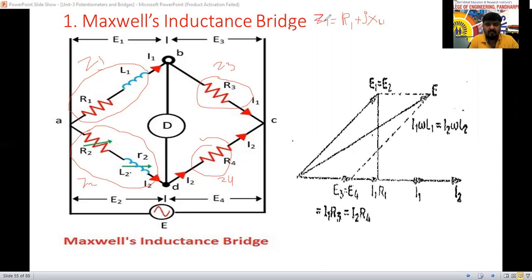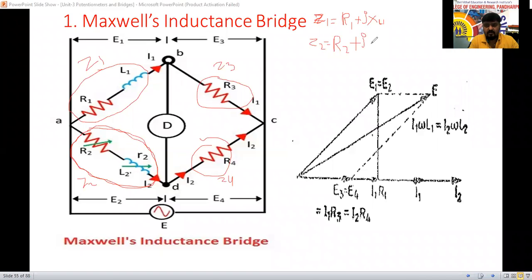So similarly, Z1 equal to R1 plus jXL1. Can anyone tell me how we can write Z2? Z2 equal to what? R2 plus jXL2.